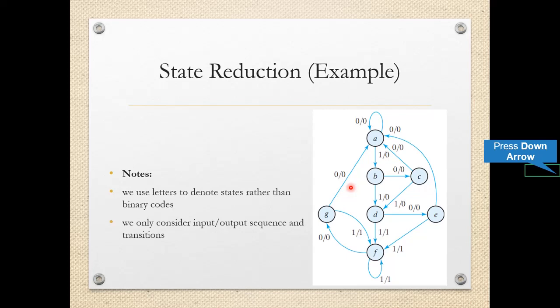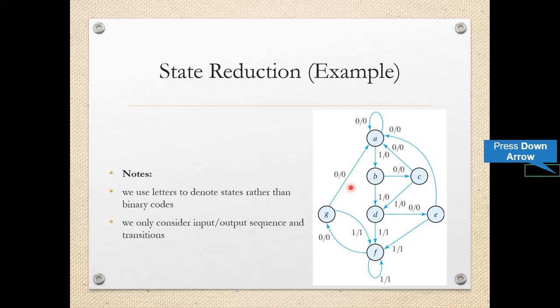So at the initial stage, to convert the given specifications into the FSM, for simplicity, instead of using the binary codes, state names are used. We only consider the input-output sequence and the transitions. As per the given specifications, only the input-output sequence and the transitions are considered.